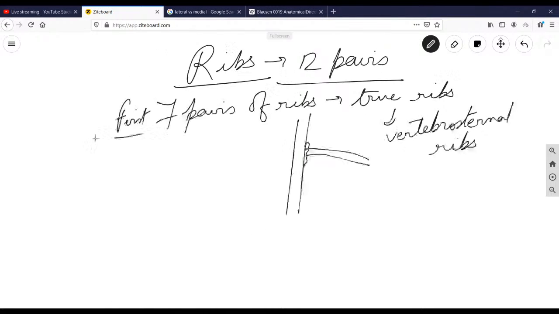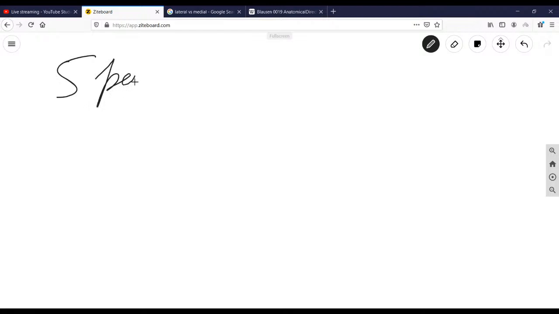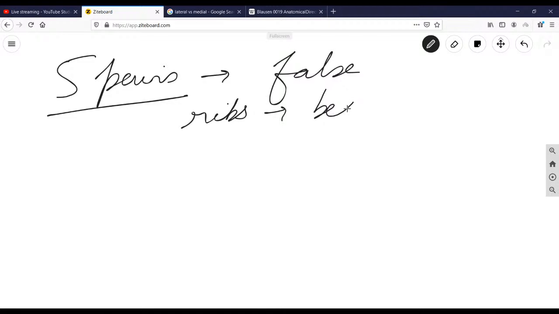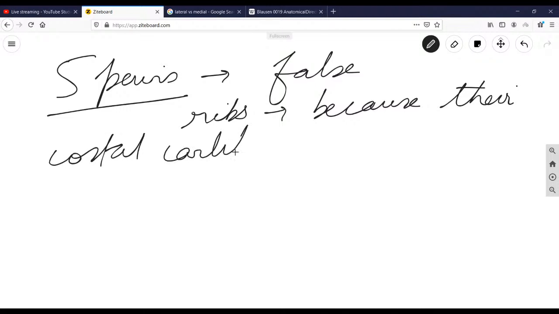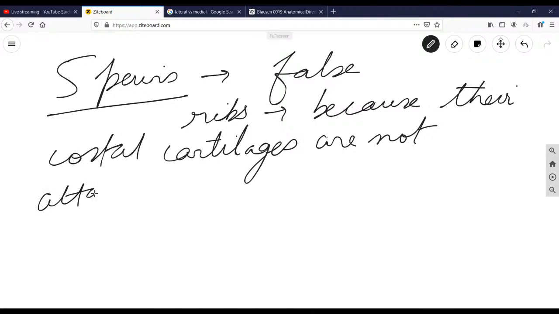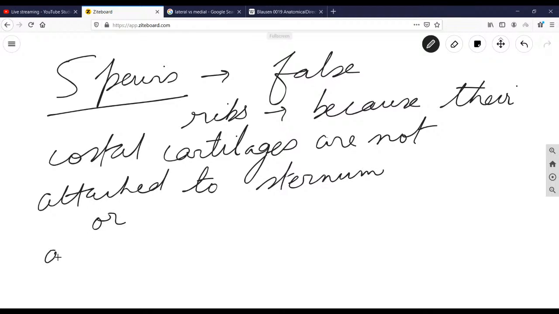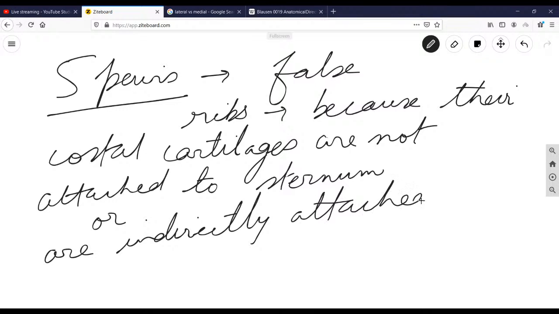The next 5 pairs, meaning 8, 9, 10, 11, 12, are known as false ribs, because their costal cartilages are not attached to the sternum, or are indirectly attached to the sternum.